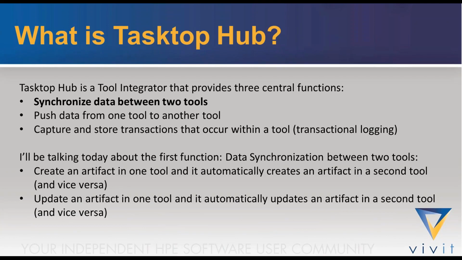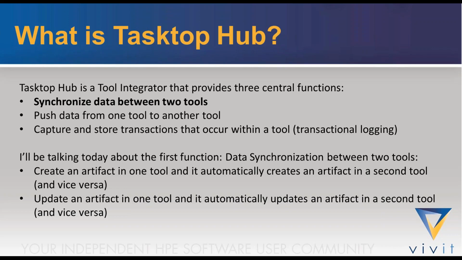So what is Tasktop Hub? Well, it's basically a tool integrator, and it provides 3 central functions. The primary one that I'm going to be speaking about today is this ability to synchronize data. So I'm going to show you how Tasktop Hub can synchronize data between Micro Focus ALM and Atlassian Jira, how you can create an artifact in ALM, and Hub can then automatically create that in Jira, and then it keeps those artifacts in sync so that if you make any updates on one artifact, it can then update that in the other.